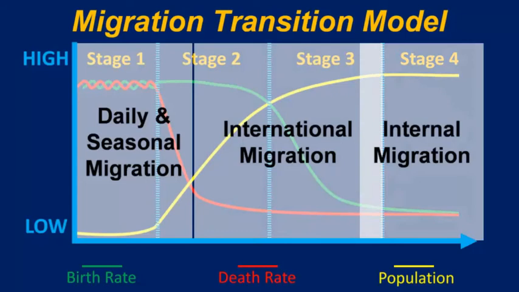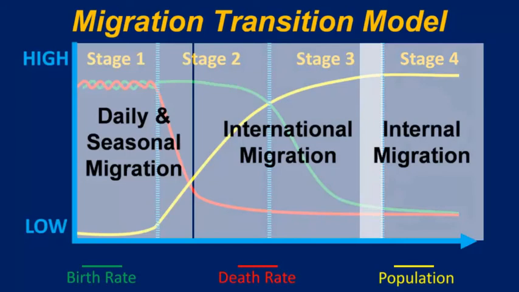What do I mean by that? For example, suburbanization, moving to the suburbs, moving back to the city, your daily commute to work, and moving from one city to another, moving from Indy to Chicago, moving from Cleveland to Indy. All those are examples of internal migration, and that's going to be something that's more characteristic of stage 4 countries. So in stage 1 countries, of which we don't see any anymore, but throughout most of human history, the type of migration that dominated was daily and seasonal migration.